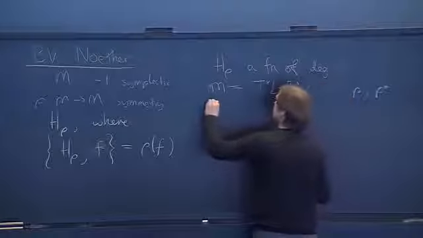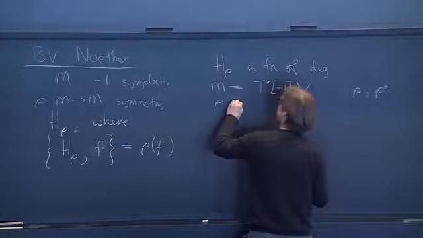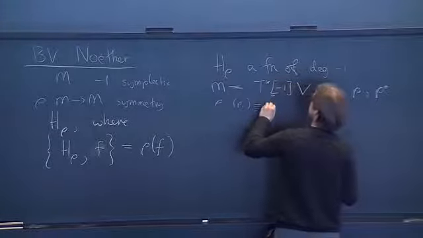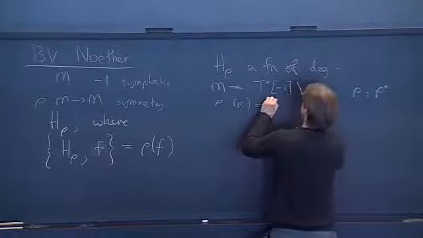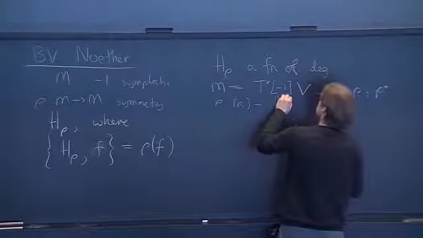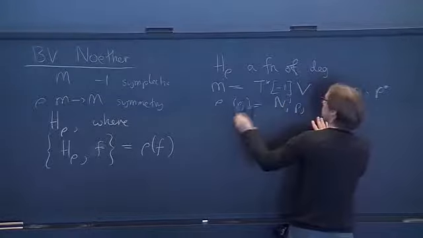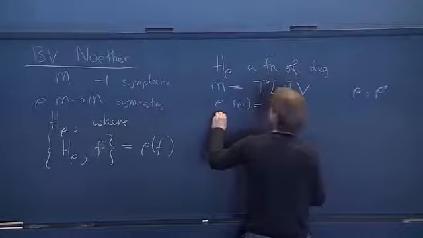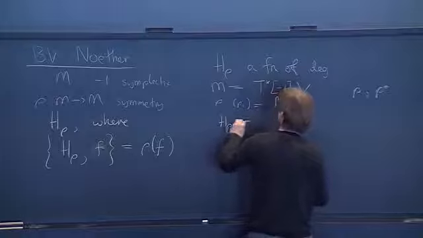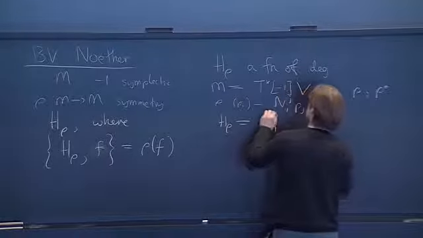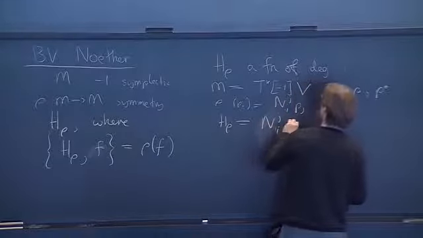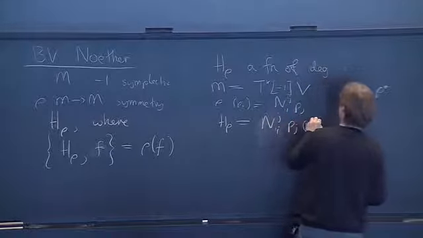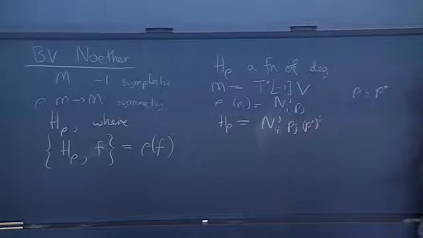If I have some symmetry where rho of Pi is some matrix J, then the Hamiltonian is M_ij e_j e star_i.